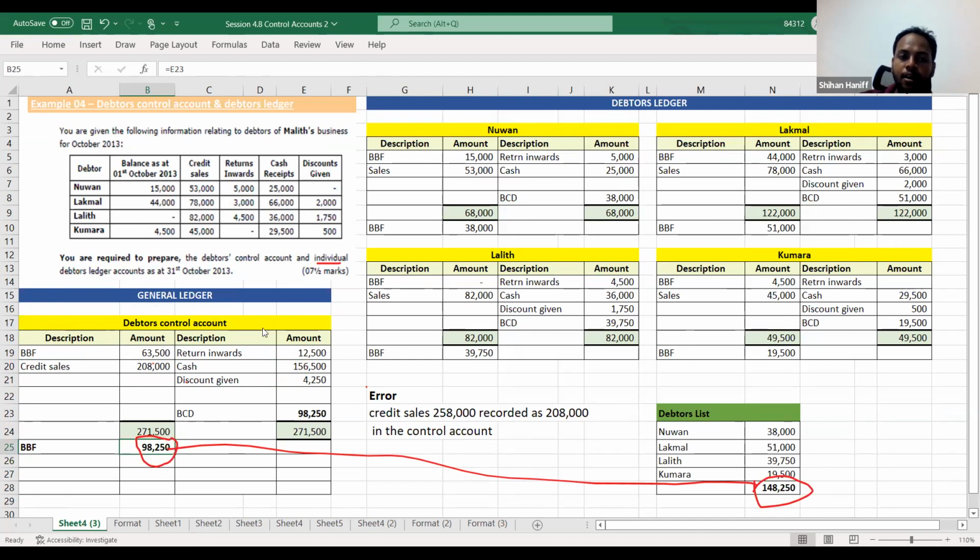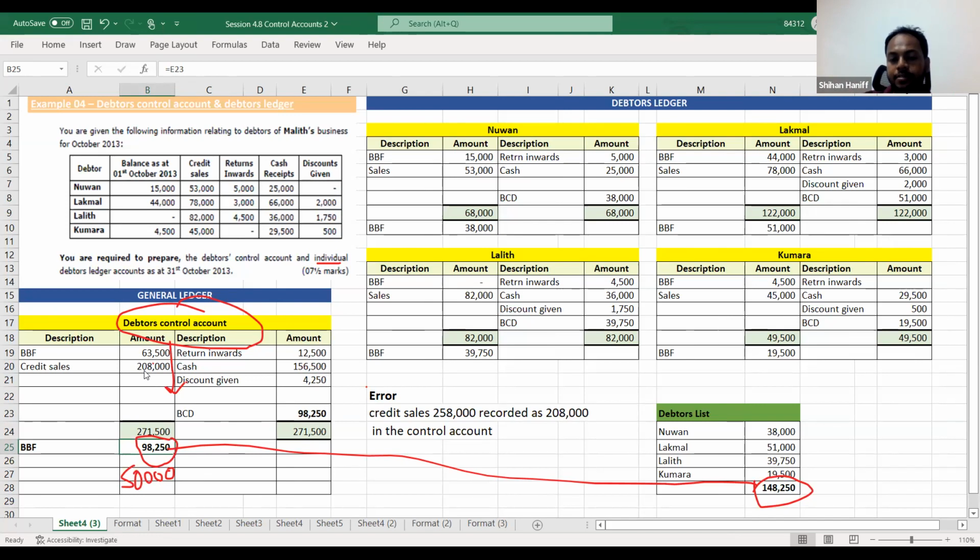If the error is in the control account, you can correct it. How do you correct this? Tell me. You have to debit 50,000 here, because the debtors control account is 50,000 less. So you increase 50,000 to the debtors control account.